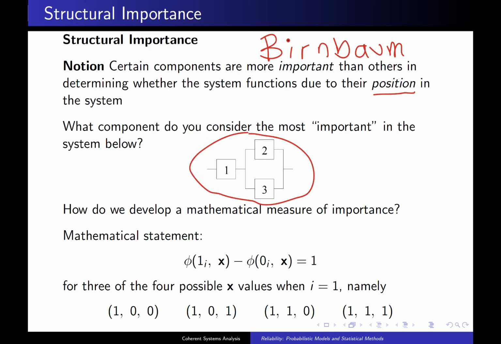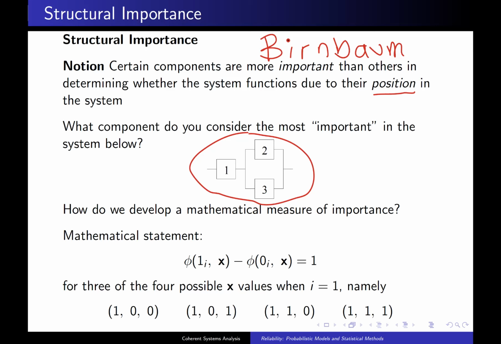Well, in that particular system, you'll notice that if component 1 fails, the system automatically is going to fail. Whereas, for example, if component 2 fails, the system will still be operating with component 3 as a backup. So in some sense, when you look at that system, you would say the most important component in the system is 1, and then 2 and 3 are tied for second with a lower importance.